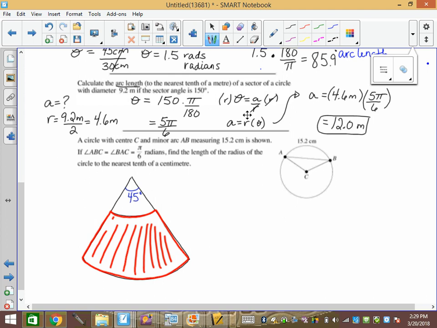This little piece here, I'm going to say is 10 meters. This piece here, I'm going to say is 30 meters. I want you to give me the perimeter of the red area. Try it out.